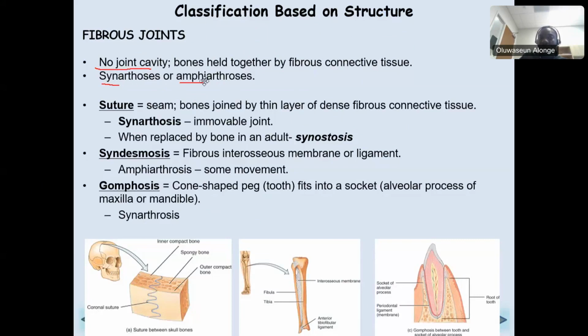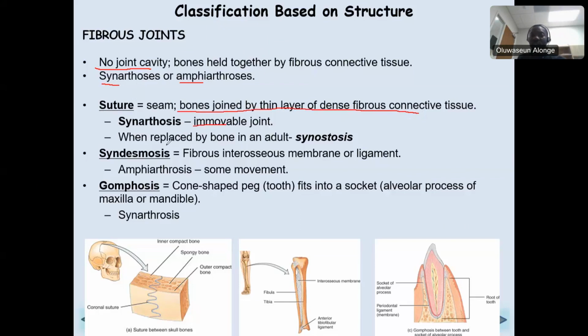An example of such a joint is the sutures, the ones we have between the bones of the skull, the cranium. Those bones are well connected together. They are joined by thin fibrous connective tissue, and they don't allow movement. You never see any trace of movement in the bones that fuse to make your cranium.